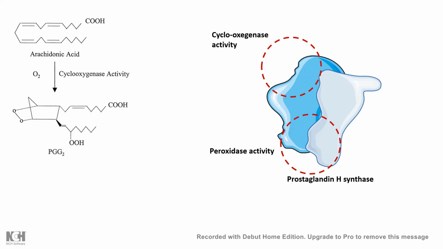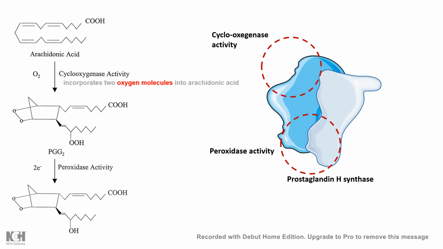The first step of prostaglandin production is the production of PGG2. Arachidonic acid, with the help of the cyclooxygenase activity of prostaglandin H synthase, incorporates two oxygen molecules into the arachidonic acid backbone. That's the first step.